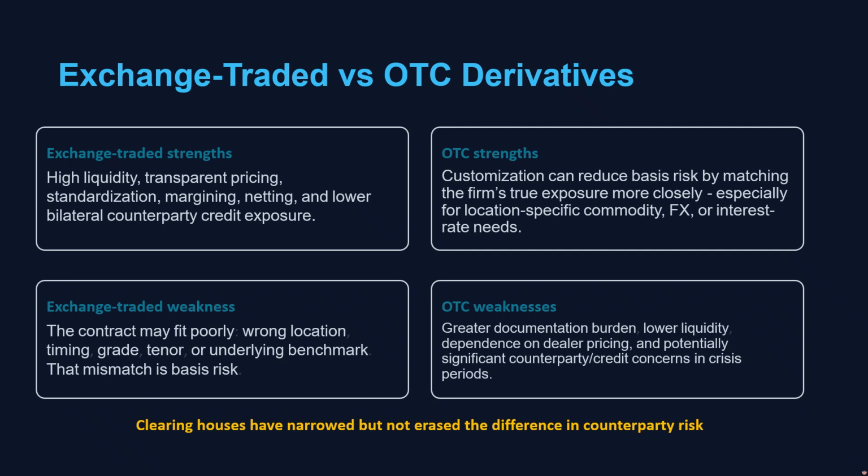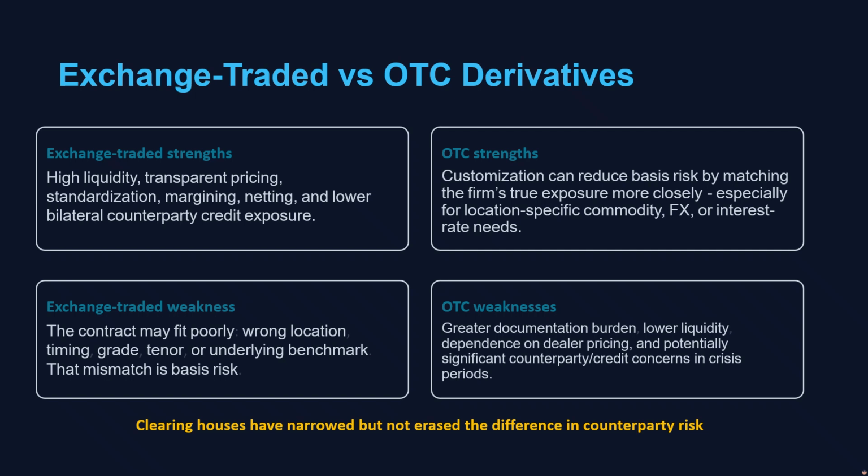OTC derivatives are more customizable. That makes them attractive when a firm needs a hedge closely tailored to a specific cash flow, maturity profile, or business exposure. But customization, of course, comes with trade-offs. Less liquidity, more documentation, more counterparty risk, and greater valuation complexity.